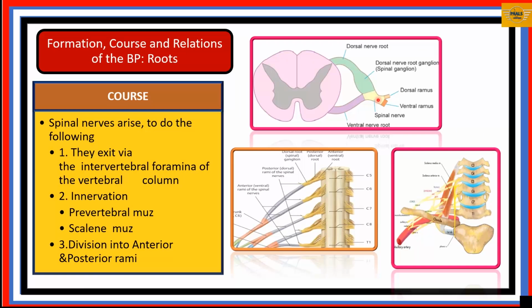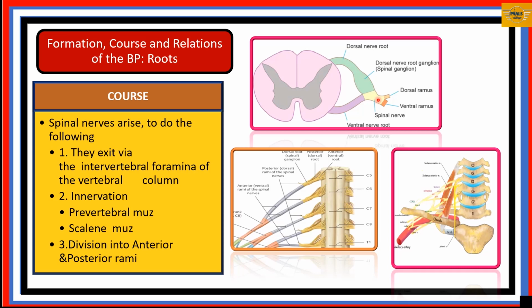They will first of all give innervations to two sets of muscles. The first set will be the muscles we call the prevertebral muscles, and the second set will be the scalene muscles.